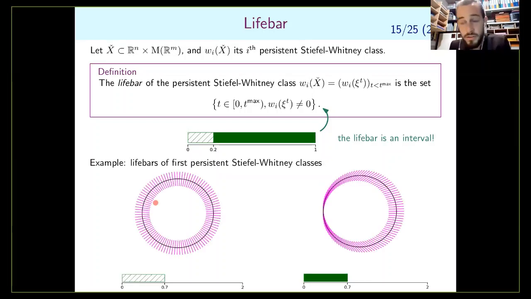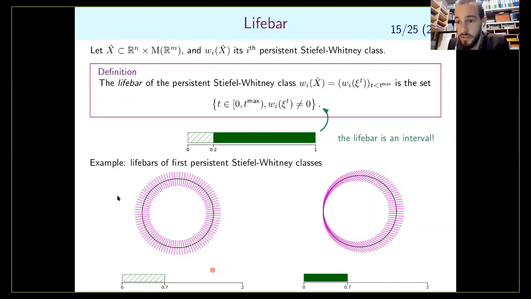So for instance, here I computed the persistent Stiefel-Whitney class of these two bundles. The normal bundle of the circle: I see it as a subset of R2 times R4, the 2x2 matrices, and its persistent Stiefel-Whitney class admits a lifebar, which is the empty set.